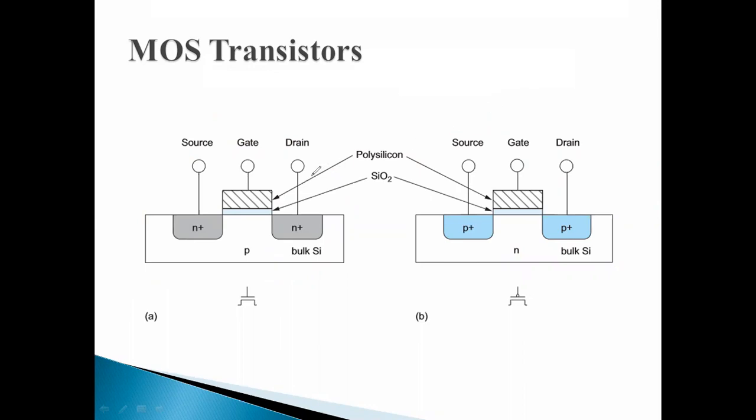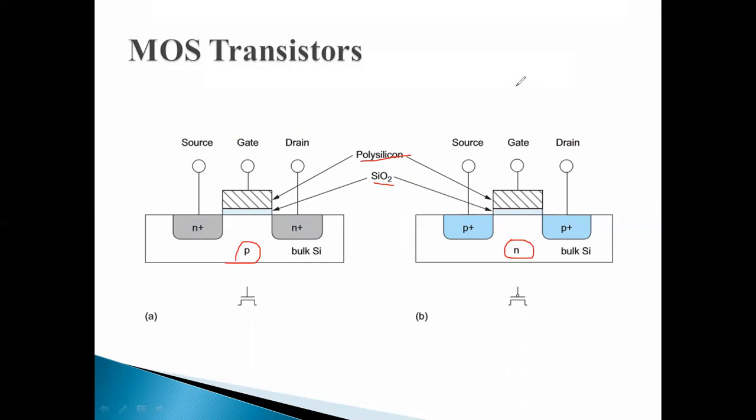Both NMOS and PMOS transistors consist of 3 terminals: gate terminal, source terminal, and drain terminal. And we have 3 types of materials: polysilicon, silicon dioxide, which is an oxide layer, and finally a substrate.